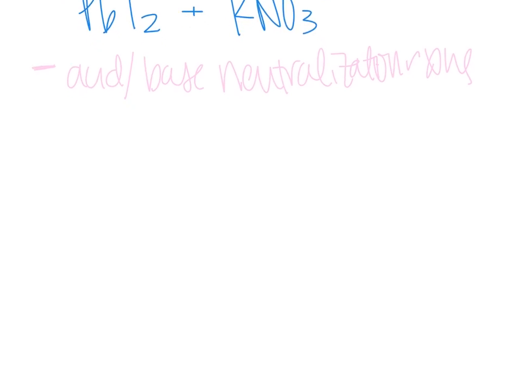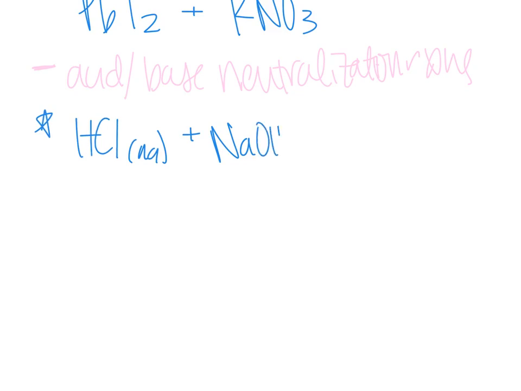Or if we have a base and we're trying to make it neutral, we'd be putting in an acid. So for this one, if we did another example, we could do HCl in an aqueous solution. HCl is hydrochloric acid, which obviously is an acid. And then we have NaOH in an aqueous solution. And NaOH is a very strong base.